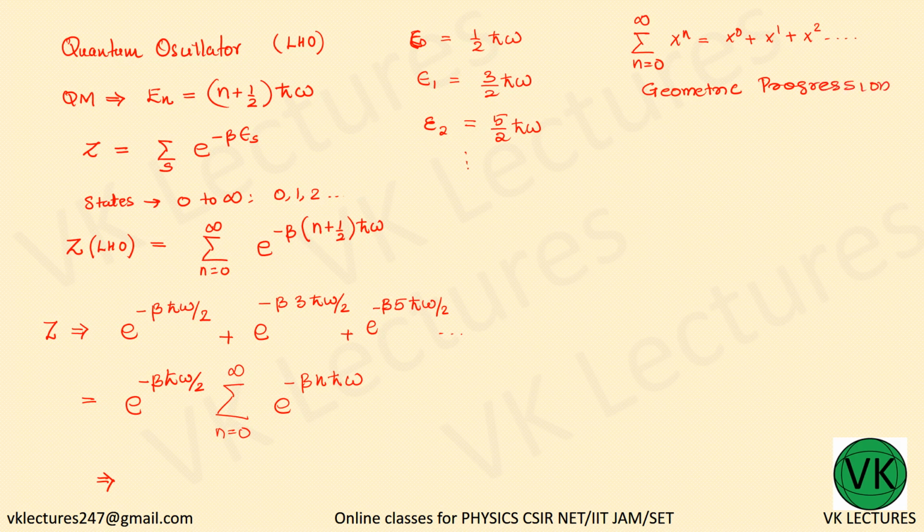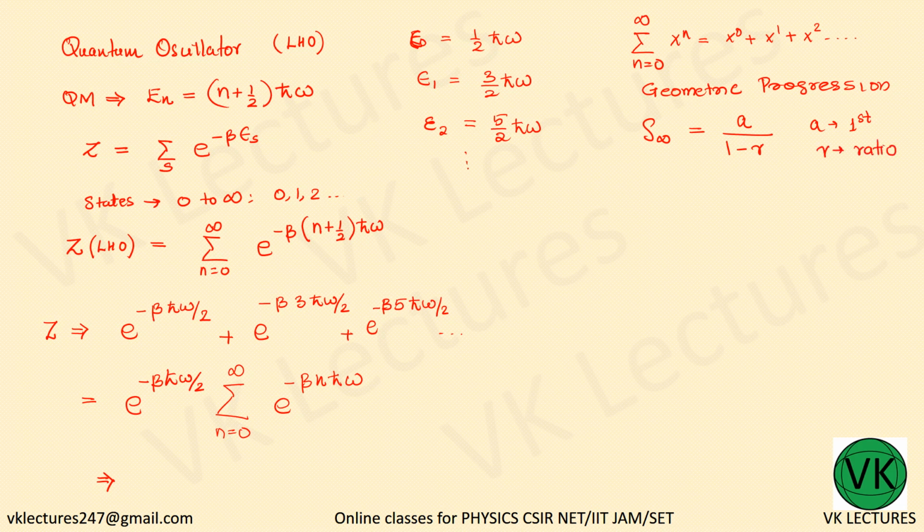The sum of infinite terms, S infinity, is given by the first term A divided by 1 minus R, where A is the first term and R is the common ratio.